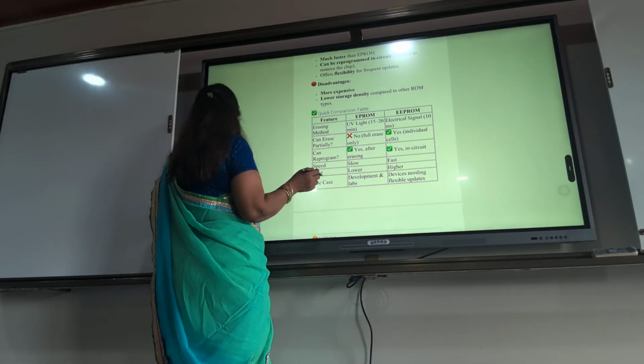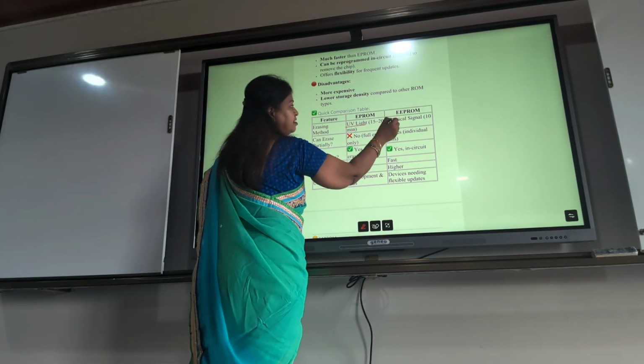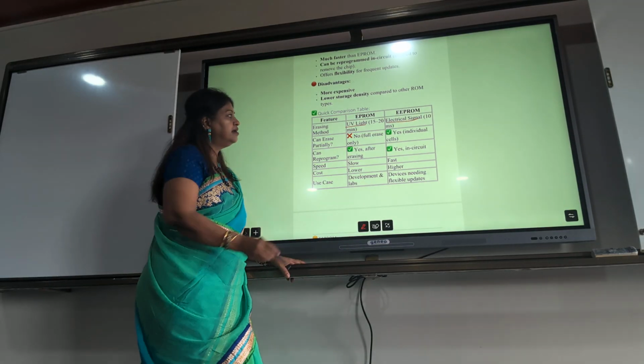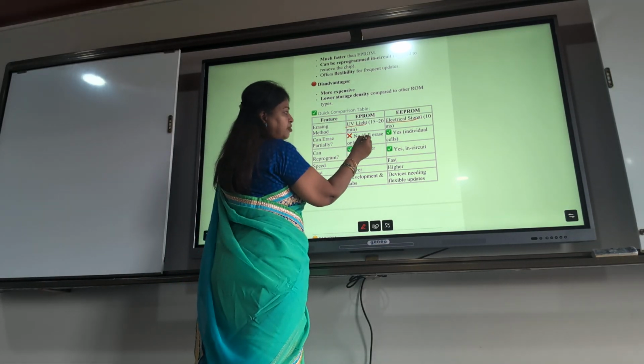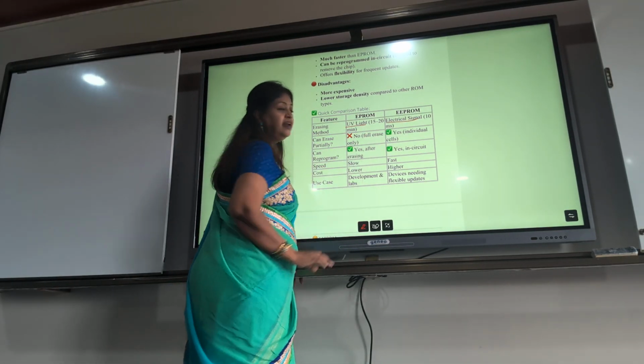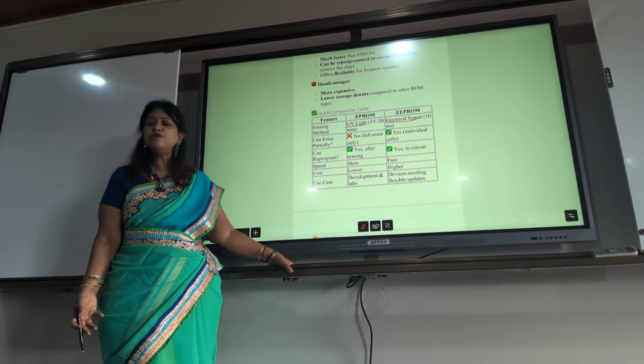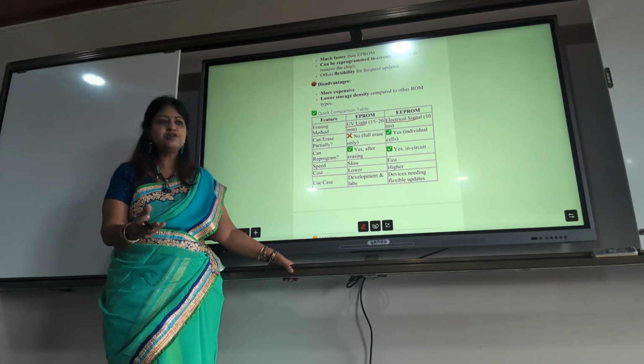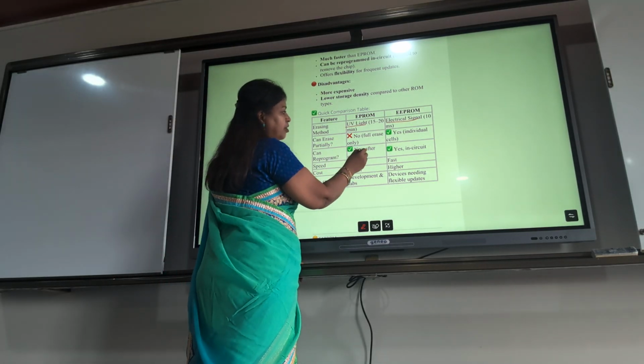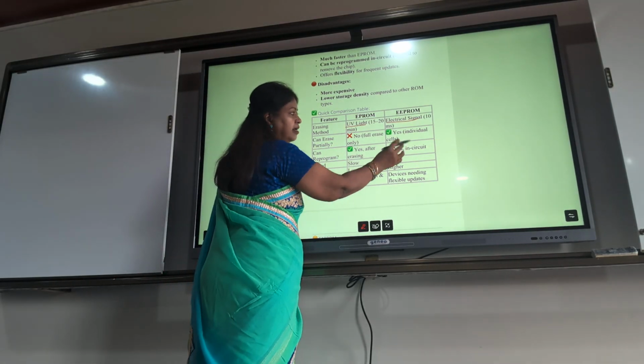Erasing method: in EPROM, we use UV light; here, an electrical signal. EPROM cannot erase partially, only full erase. Here you can individually erase. If you want a full erase you can do that, but if you want only one portion, you can do that too. Can you reprogram? Yes, after erasing you can reprogram.